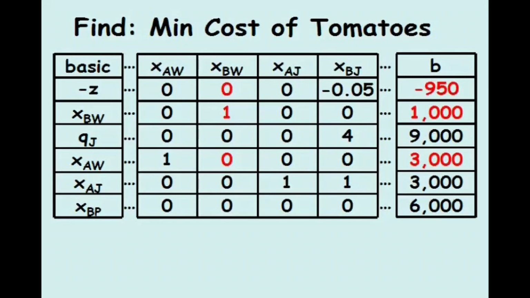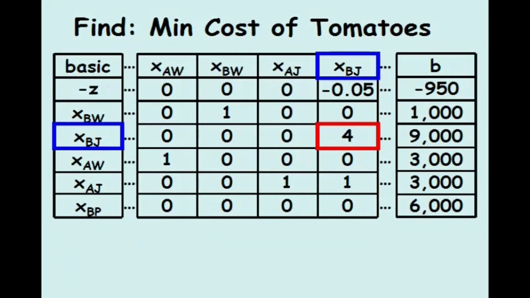Lastly, variable XBJ, which represents the quantity of grade B tomatoes to be used in tomato juice, enters the basis for variable QJ, which refers to excess quality in tomato juice.